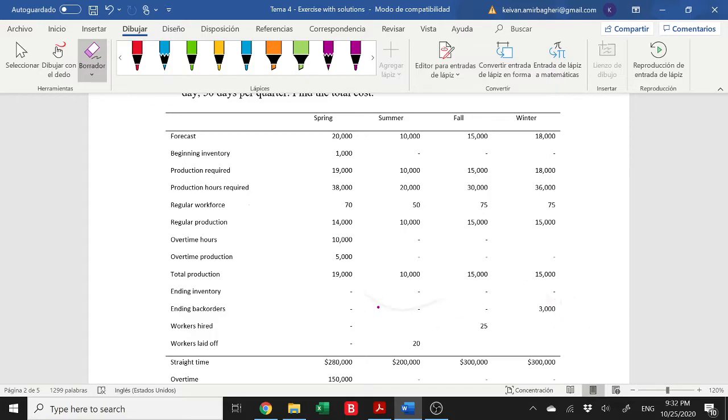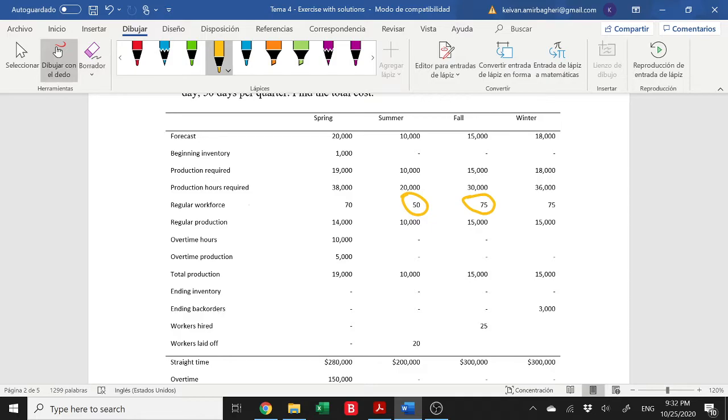So we should check our exercise to see whether we are allowed to hire workers. Why? Because at the end of summer we finish with 50 workers, while we need 75. Of course, if we are not allowed, we need to do overtime, for example, to cover this lack of production.